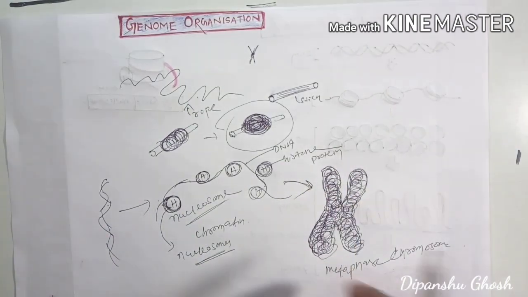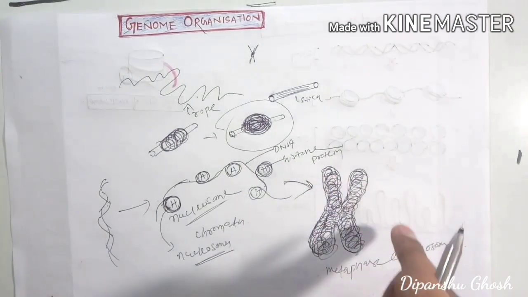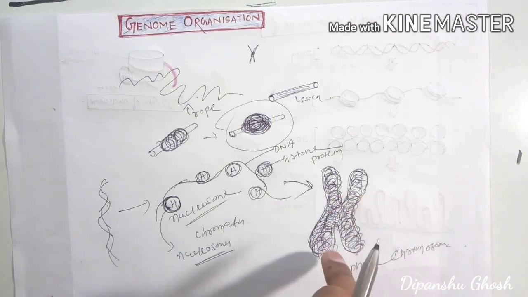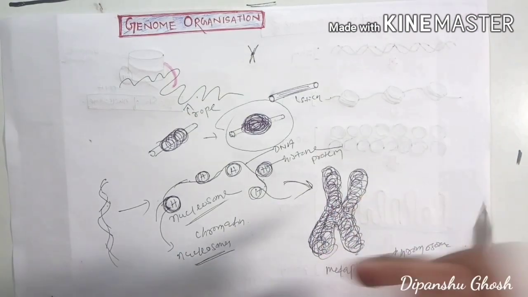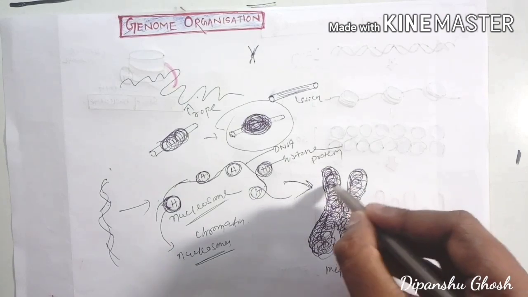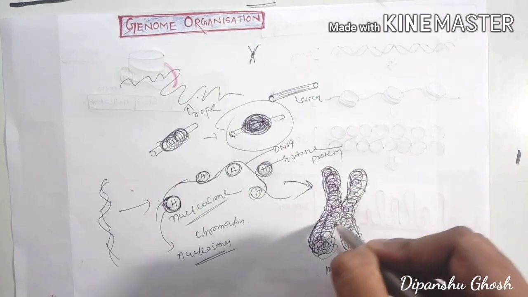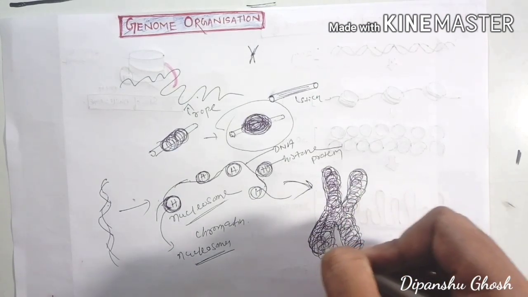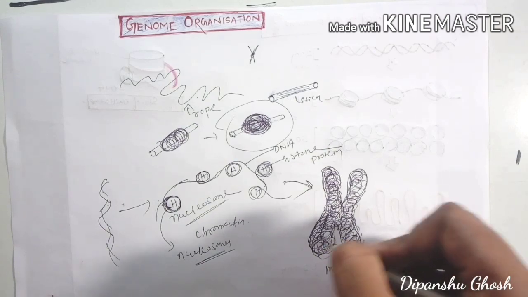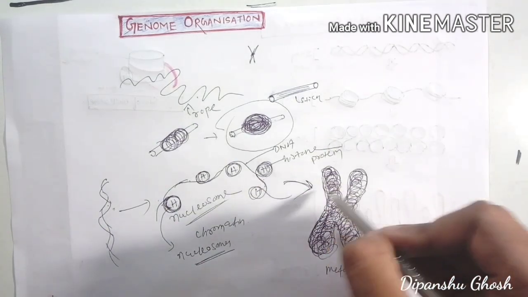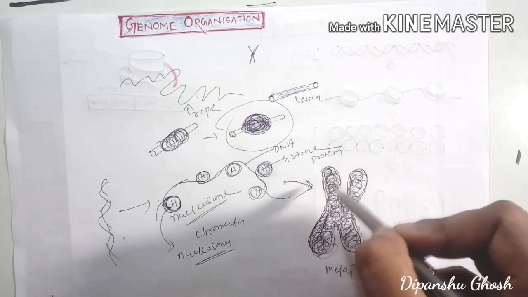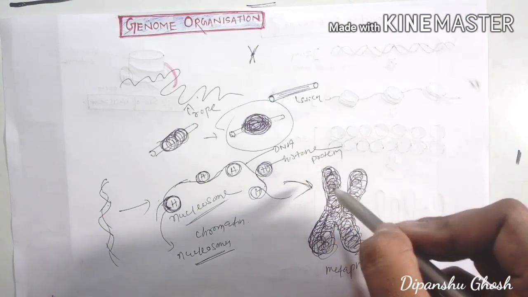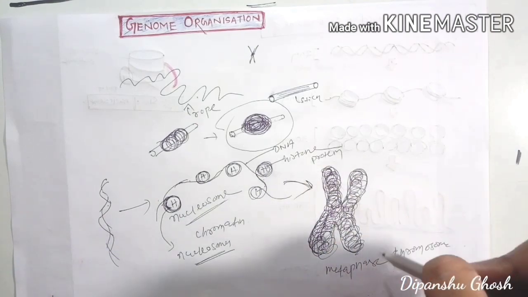Actually, the picture may be looking a little bit messy, but this is the process. And these are the thread-like structures. All the thread-like structures are actually your chromatin, or you can say DNA and protein. All the DNA and the histone proteins are wound together in several ways to finally form the metaphase chromosome.